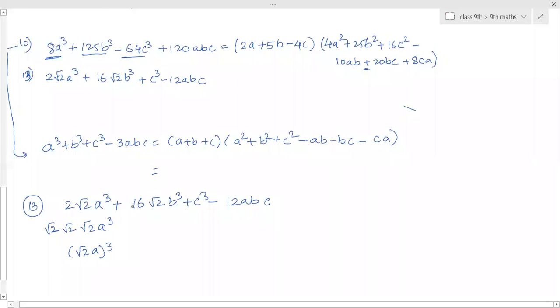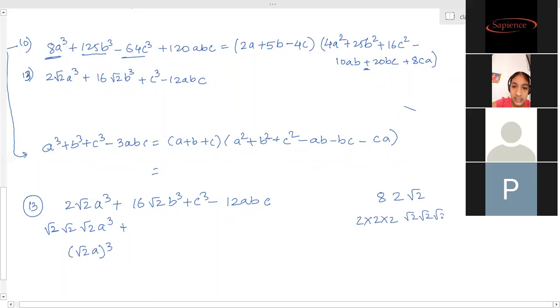Yes, ma'am. Then 16 can be written as 8 into 2, and this 2 is factorized as root 2 into root 2, and 8 is 2 into 2 into 2.